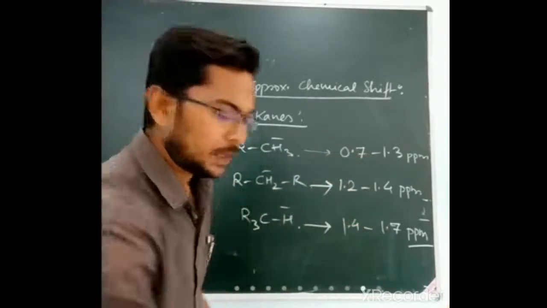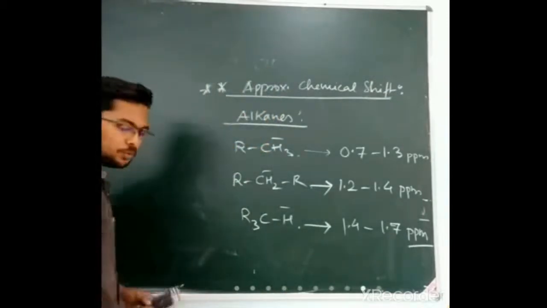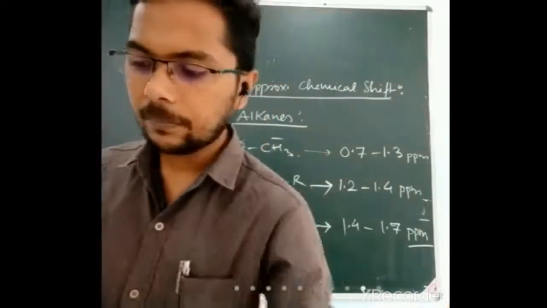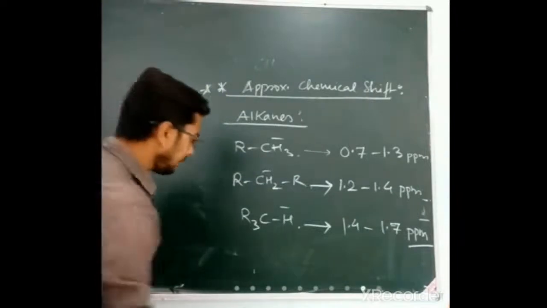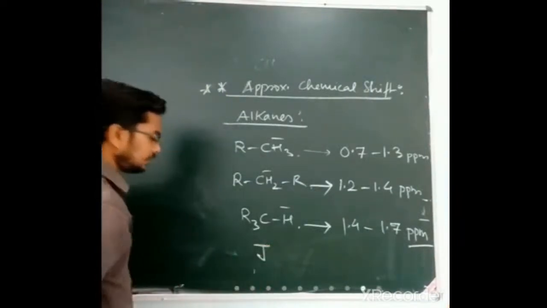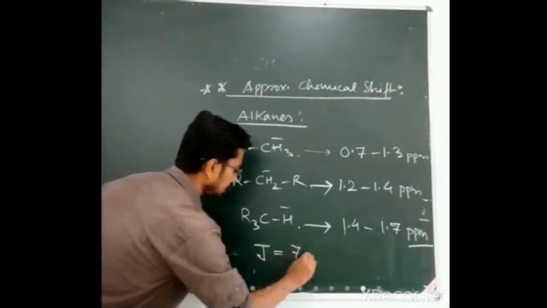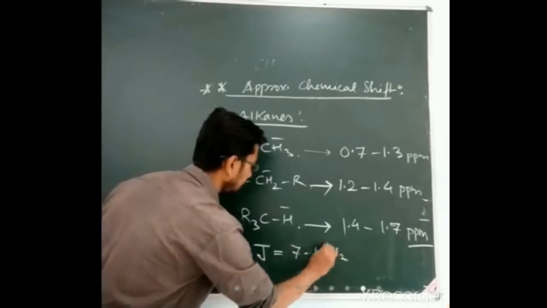Okay. And along with this, let's also learn a little bit about coupling behavior. So the coupling behavior of alkanes will fall in 7 to 10 hertz. Okay, 7 to 10 hertz.